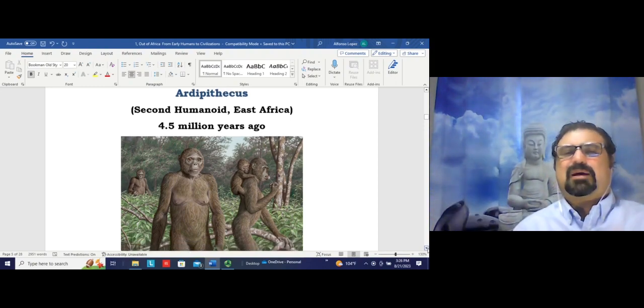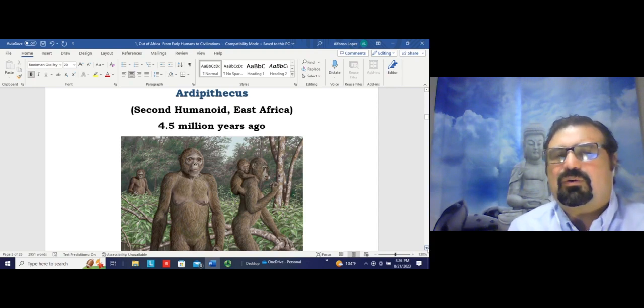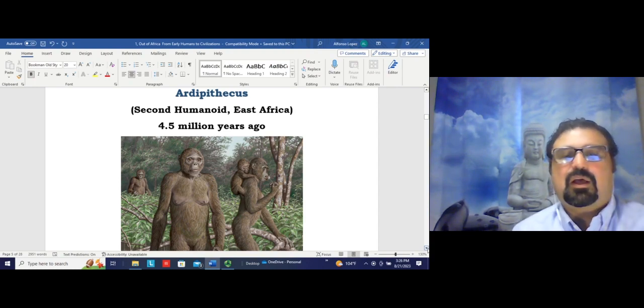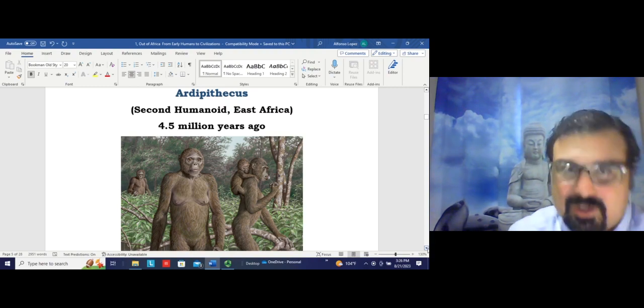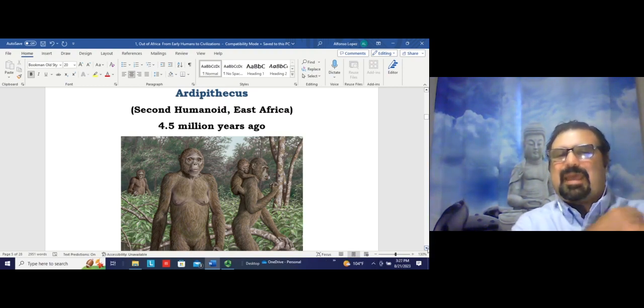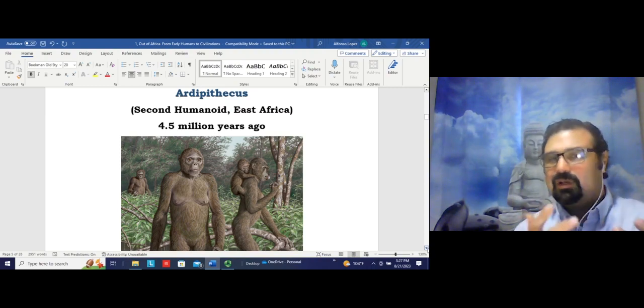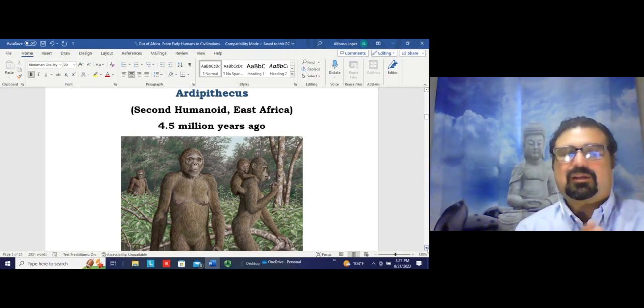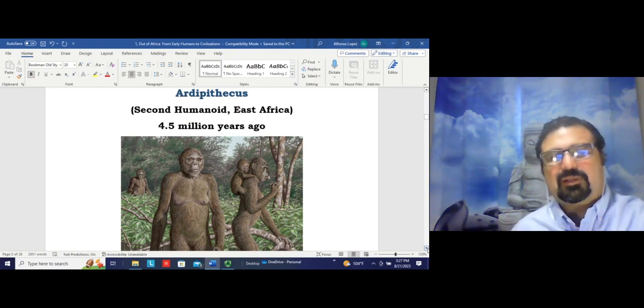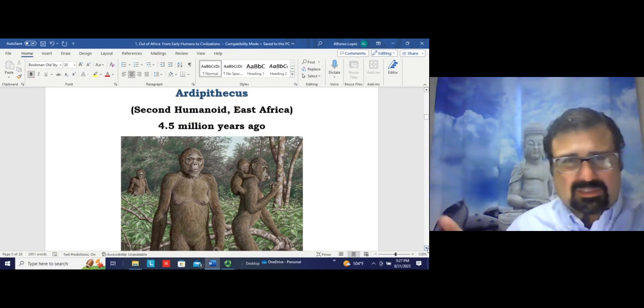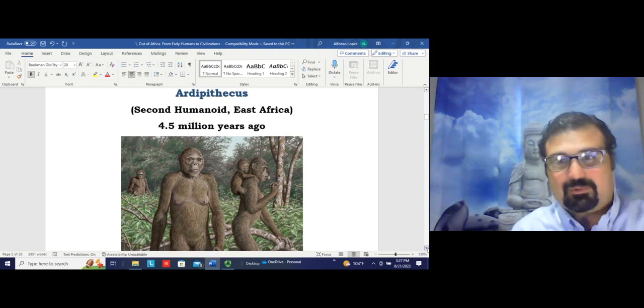Much, much later, about 4.5 million years ago, we have found fossils from another humanoid. It's called the Ardipithecus. And this is the second humanoid to appear in East Africa. Once again, it walks on two feet, so it's not considered necessarily the kind of four-legged ape that was still present, and still is present today, by the way.